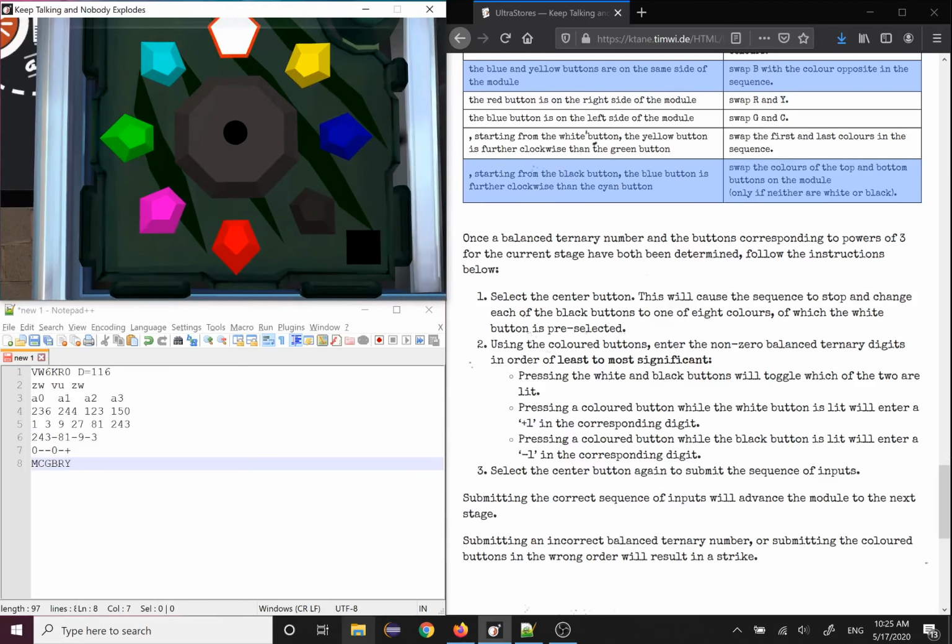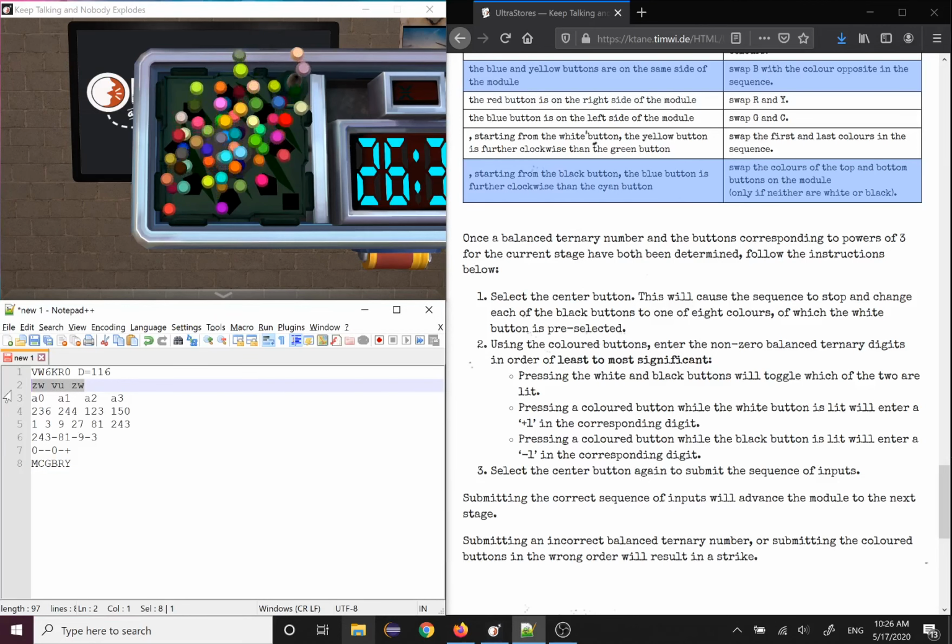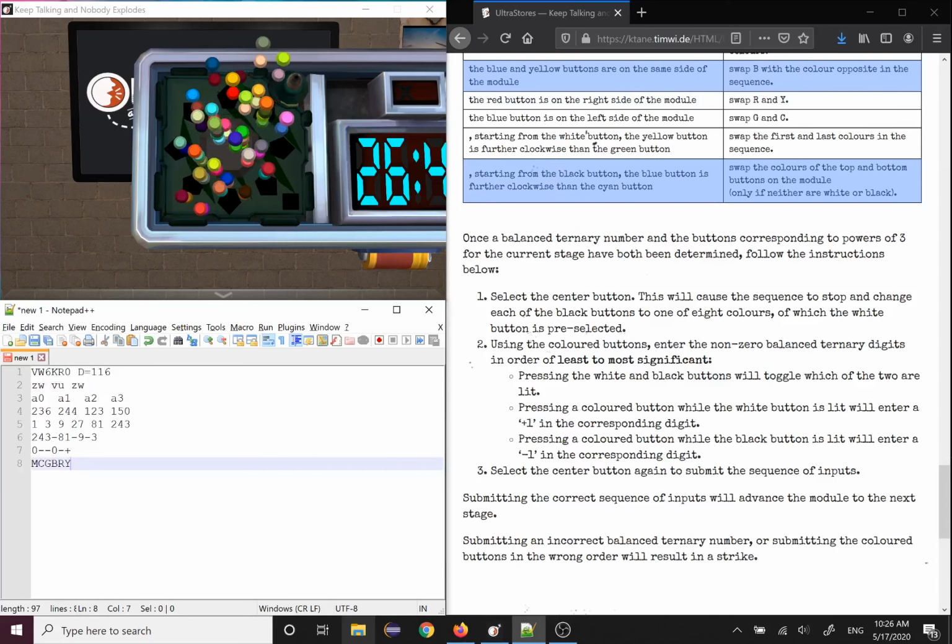We have now moved into the second stage of the module, which uses 4 rotations instead of 3. So we see that it's going to be extended by 1. However, the module does change rotations whenever you move on from one stage to another. So that is the reason why you cannot just keep these notes. The only thing that you will still be using from these notes is these numbers here, as well as D from the serial number.